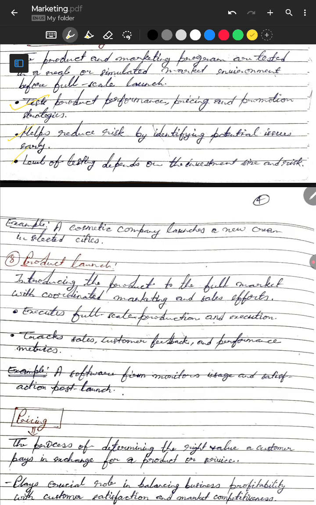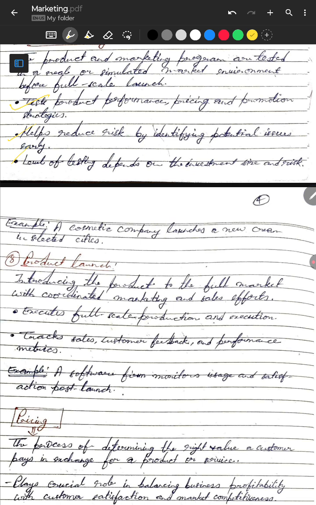It means after launching the particular software, the company monitors whether the potential users are liking the product or not, and if they like the product, then the features are sufficient for them, and if there are some problems, or potential users want some more features, then some kind of modifications can be made to the given product, and then it can be relaunched with the modified version.